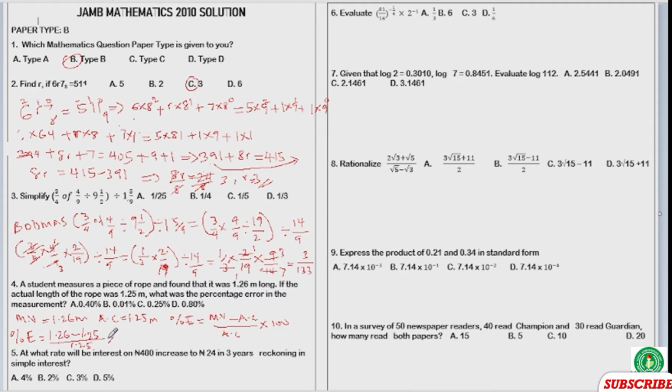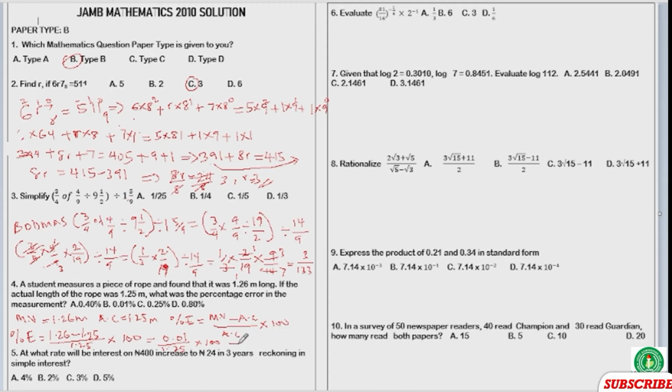1.25 multiplied by 100. So when you subtract 1.26 minus 1.25, you get 0.01 over 1.25 multiplied by 100.